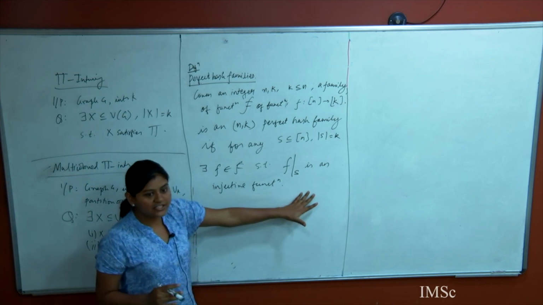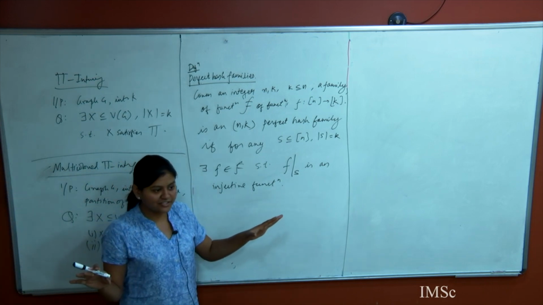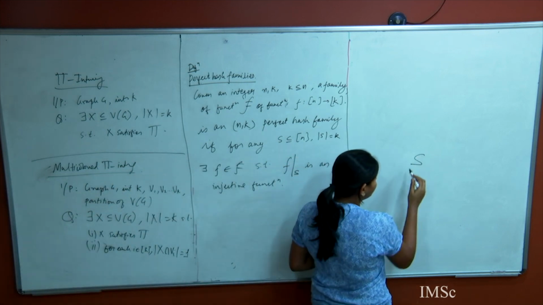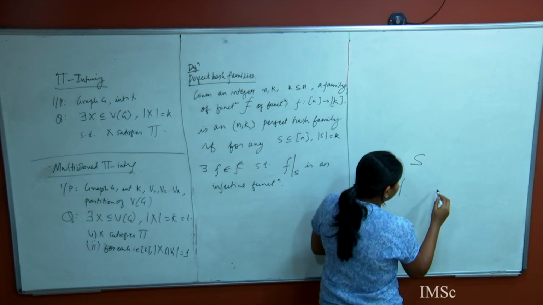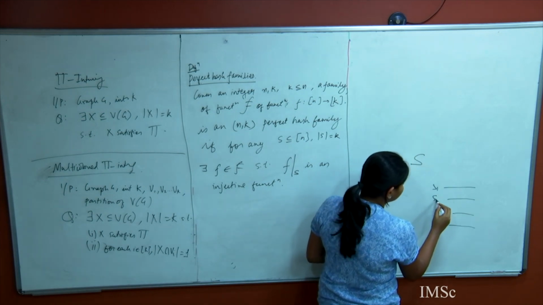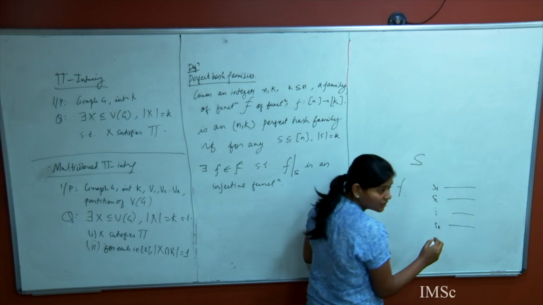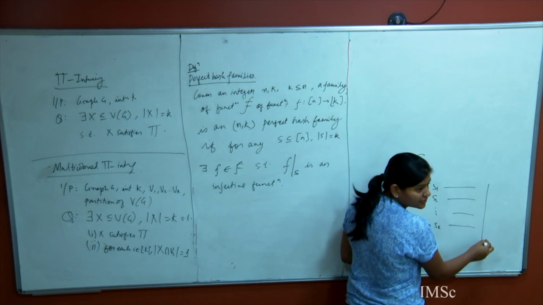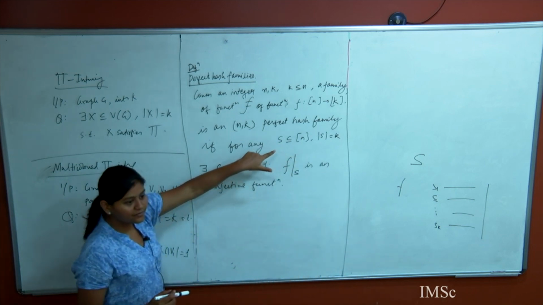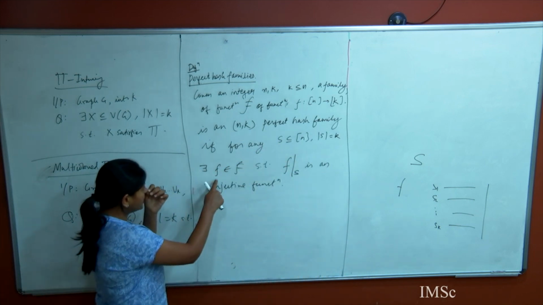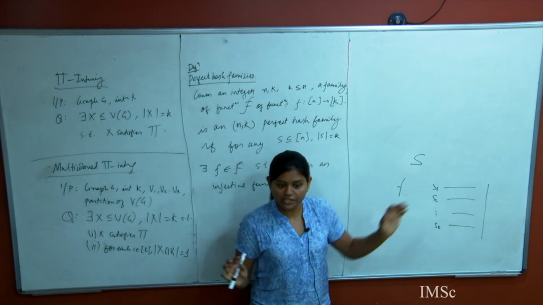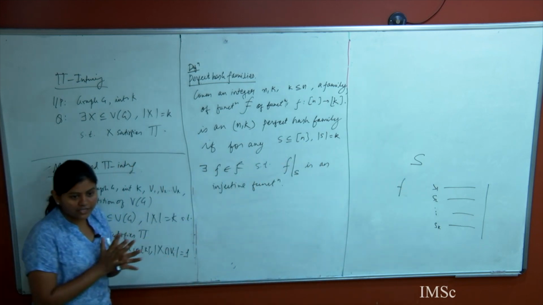Is the definition clear? Everybody remembers the definition, right? What it is saying is, given any set S, the function will assign distinct values to the elements of S. So given any such set, you will always have a function which maps it injectively. This is what an n,k perfect hash family does.